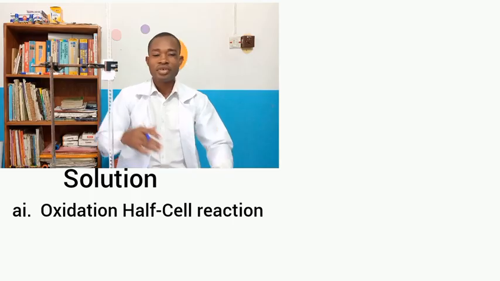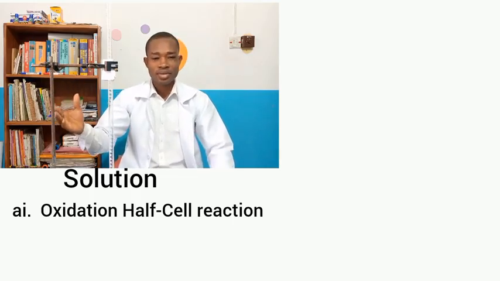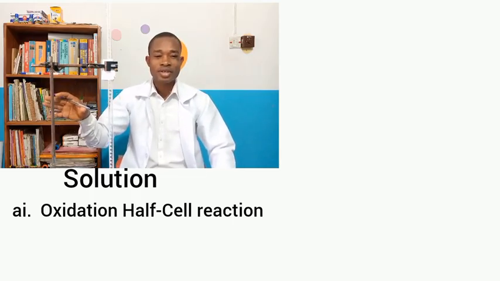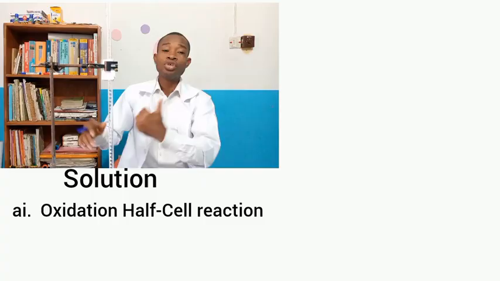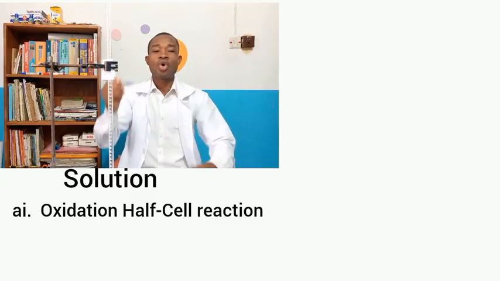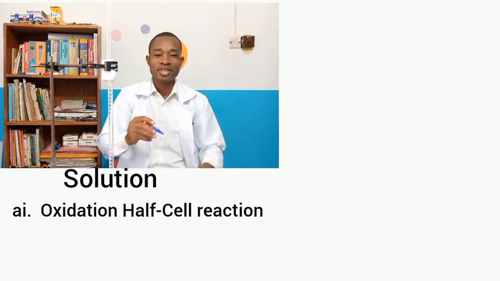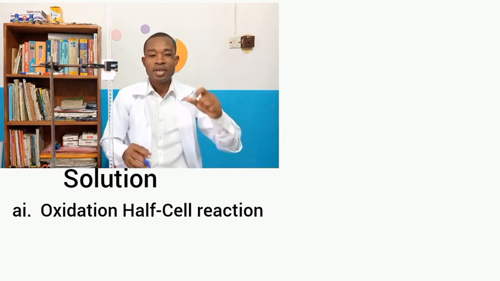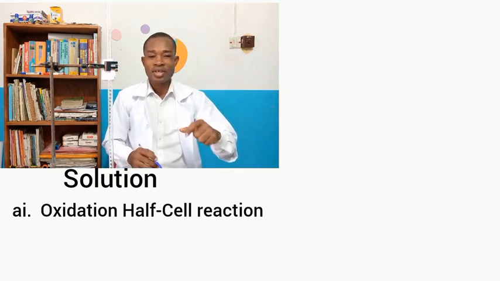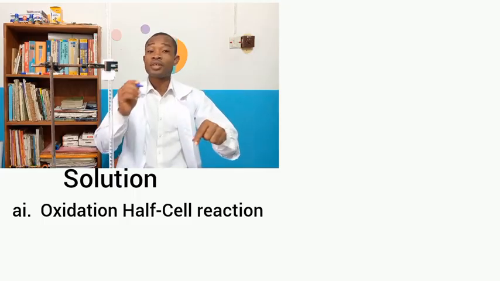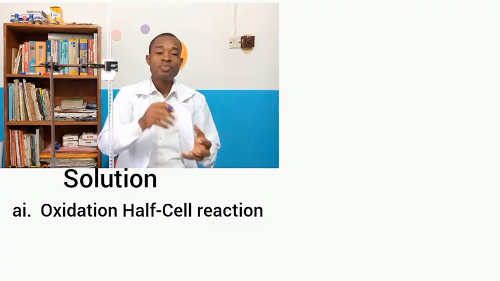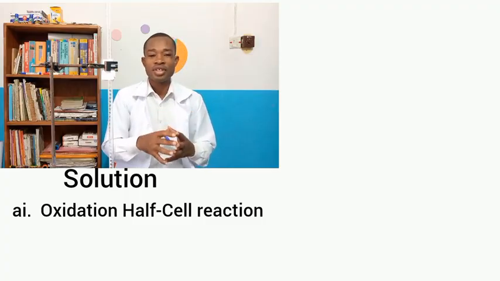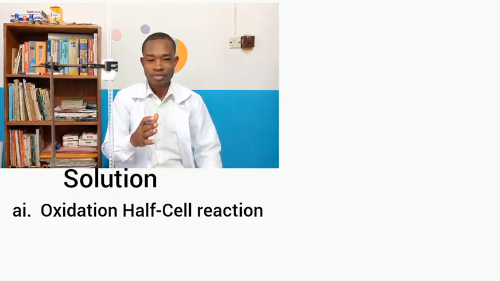The reducing agent reduces another substance. That another substance is called the oxidizing agent. What the oxidizing agent will do to the reducing agent is to oxidize the reducing agent. So what's the point? In a redox reaction process, the reducing agent is being oxidized. And because the reducing agent is being oxidized, the process occurring to that reducing agent is called oxidation.